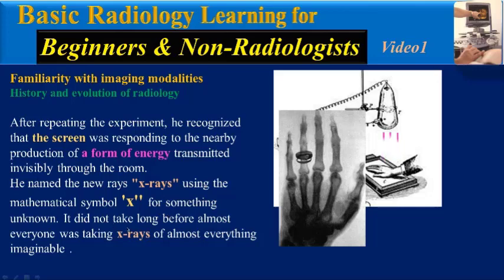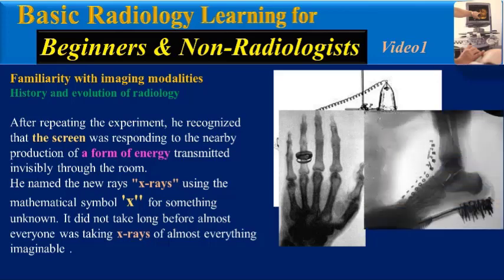It did not take long before almost everyone was taking X-rays of almost everything imaginable. For example, this image is of Nikola Tesla's foot on an X-ray image taken by himself on a device of his own design in 1896, only 1 year after X-rays' discovery by Röntgen.